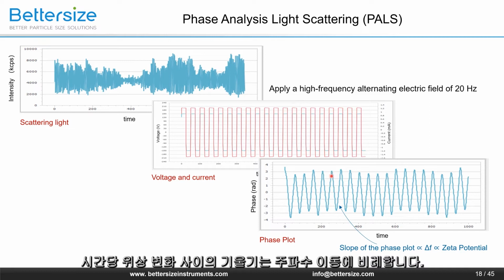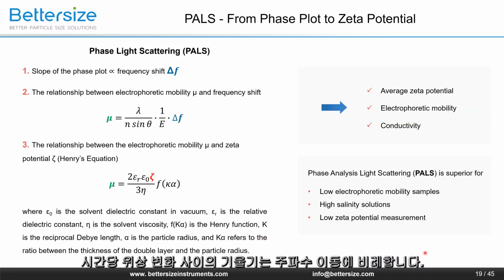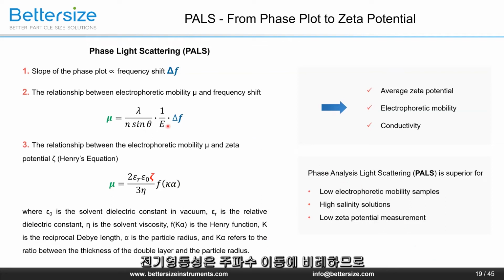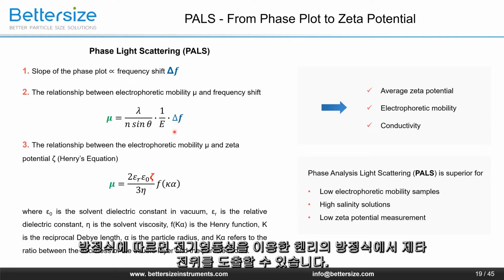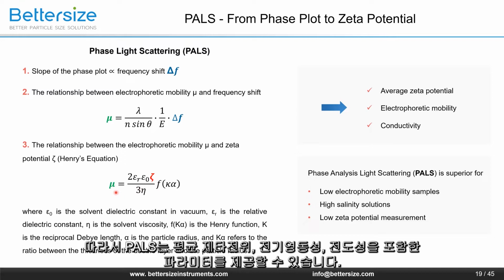The slope of the phase change over time is proportional to the frequency shift. Since the electrophoretic mobility is proportional to the frequency shift, the zeta potential can be derived from the electrophoretic mobility using Henry's equation. So, PALS can provide parameters including average zeta potential, electrophoretic mobility, and conductivity.